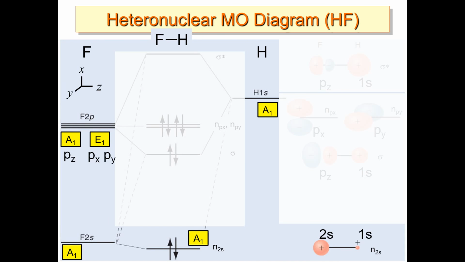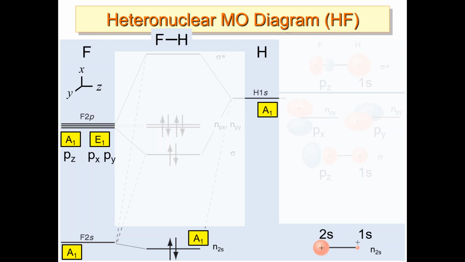And so we mix together the A1s here in a bonding, or in-phase, arrangement. And these are so far away in energy that there's really very little interaction. You see, this energy level doesn't dip very much at all because they're so far away in energy. Whereas the PZ orbital is going to mix very well with this hydrogen 1s because they're close in energy.